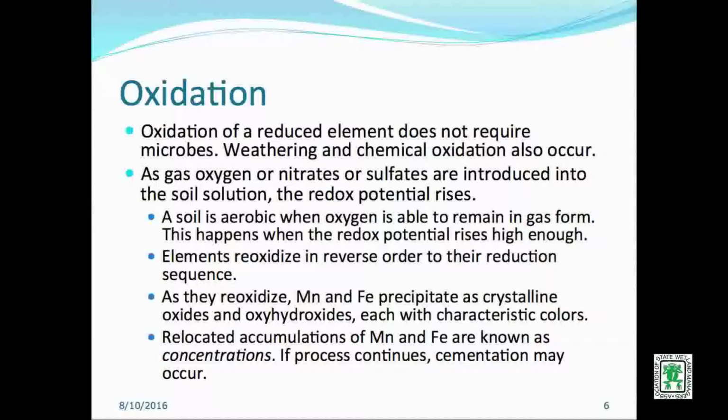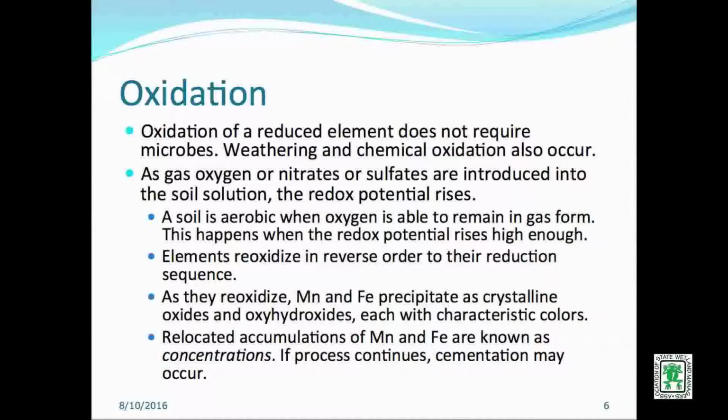As gaseous oxygen, nitrates, or sulfates are introduced into the soil solution, the redox potential rises. A soil is said to be aerobic when oxygen is able to remain in the gaseous form. And when the redox potential is high, then oxygen is able to remain in the gaseous form.